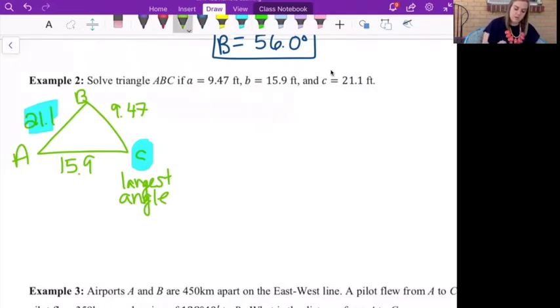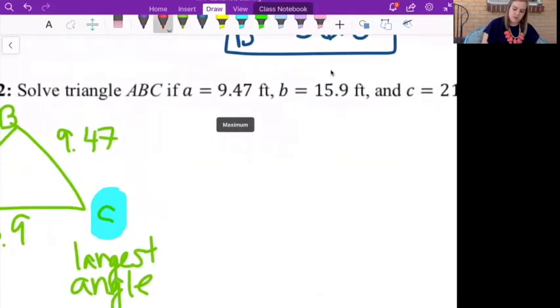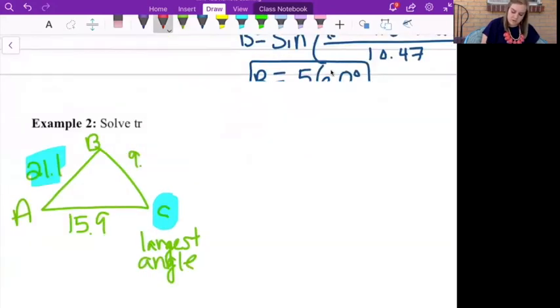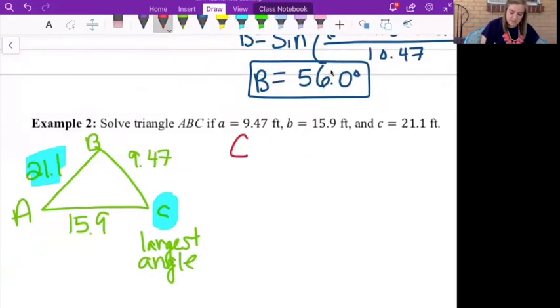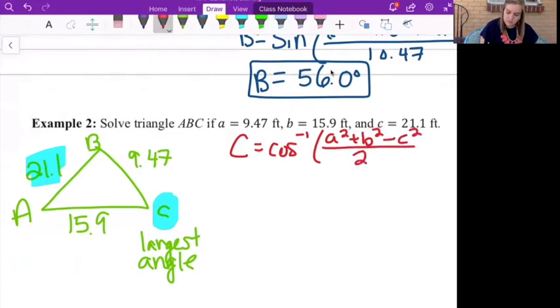And so this is where we're going to use that formula that we came up with above. So in this case, it'll be C, because that's the angle that we're looking for, is equal to cosine inverse of A squared plus B squared minus C squared over 2AB. And so again, this angle has to be opposite the side that we are subtracting.